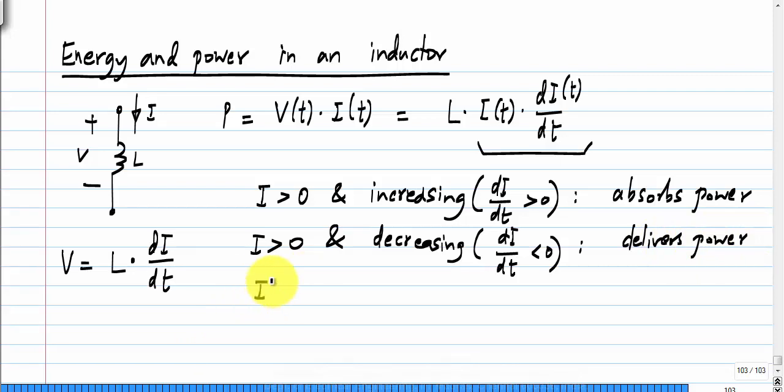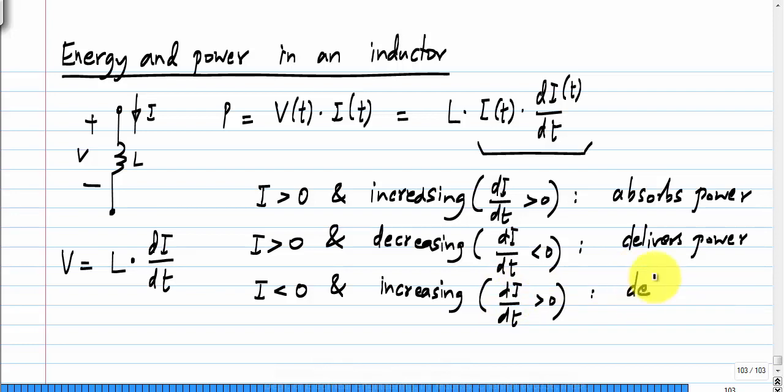And when I is less than 0 and increasing, that is it is becoming less negative, the time derivative will be more than 0 and it delivers power, because the product of a negative current and a positive derivative will yield a negative number here.